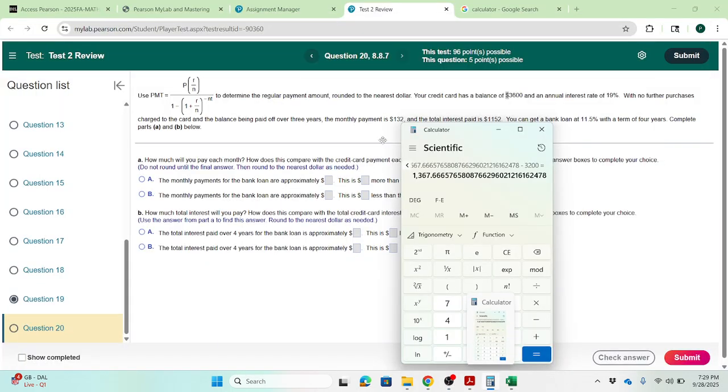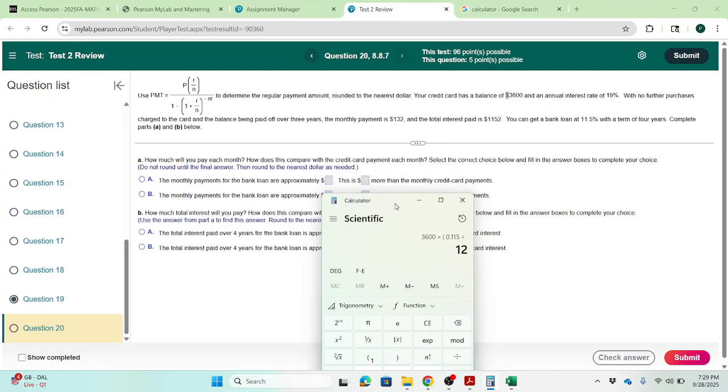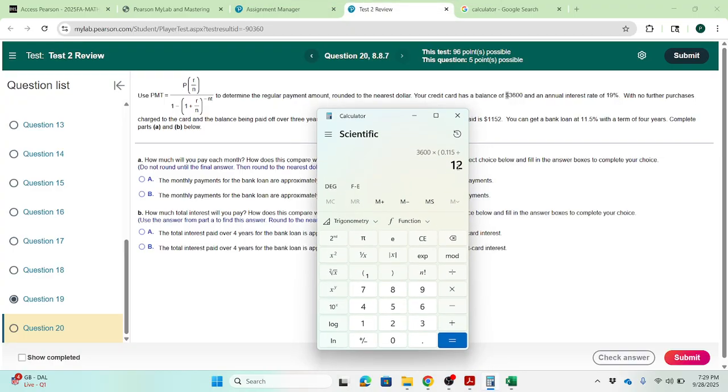So let me go here. 3600 times the rate, 11.5 divided by 12, because it's monthly, parenthesis close.